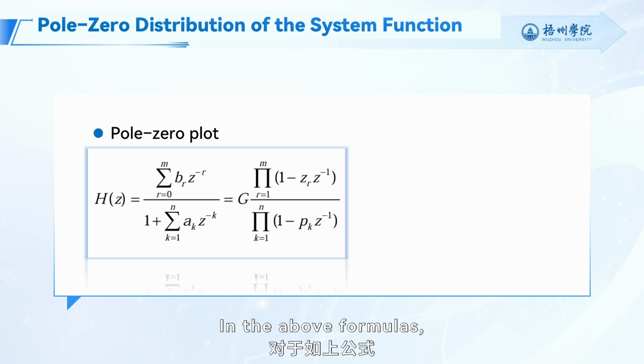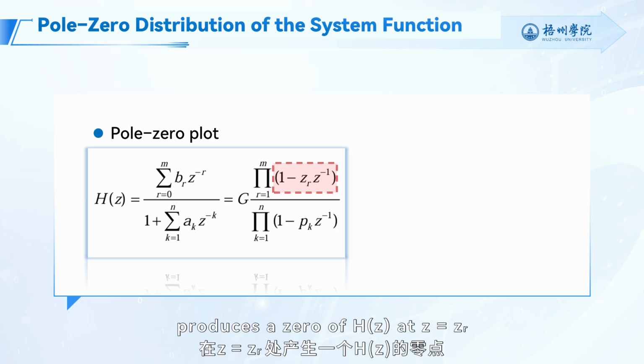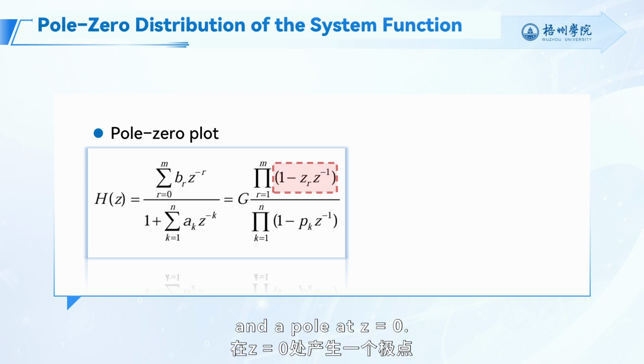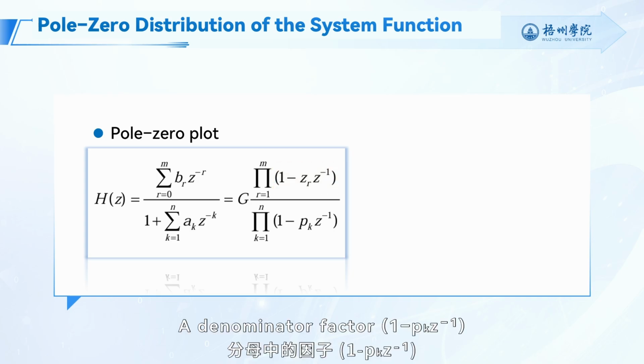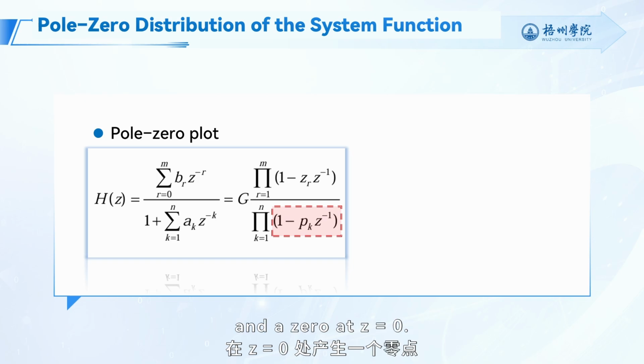In the above formulas, a numerator factor, 1 minus c_r times z to the power of negative 1, produces a zero of H(z) at z equals c_r and a pole at z equals 0. A denominator factor, 1 minus p_k times z to the power of negative 1, produces a pole of H(z) at z equals p_k and a zero at z equals 0.